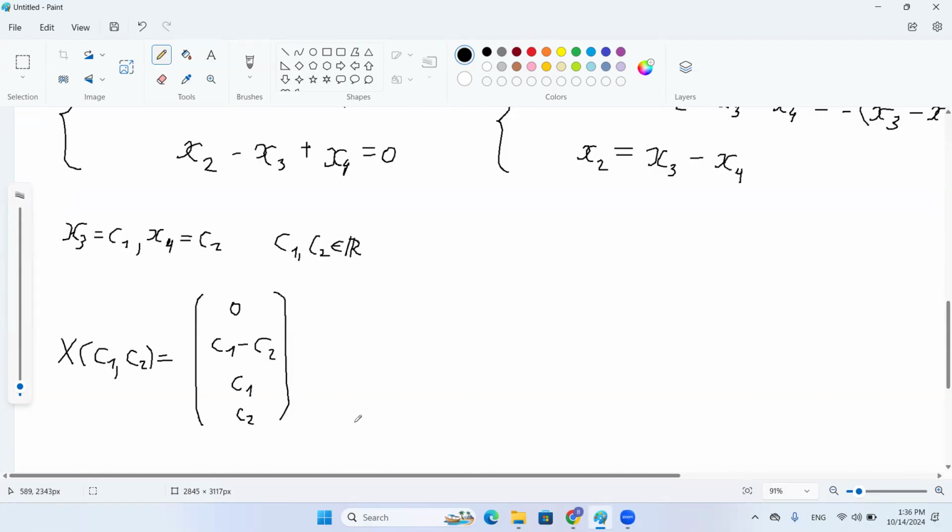And who can answer how to find the basis of solutions? How to find the basis in the space of solutions? How many elements must it contain? Okay, so anybody can answer.